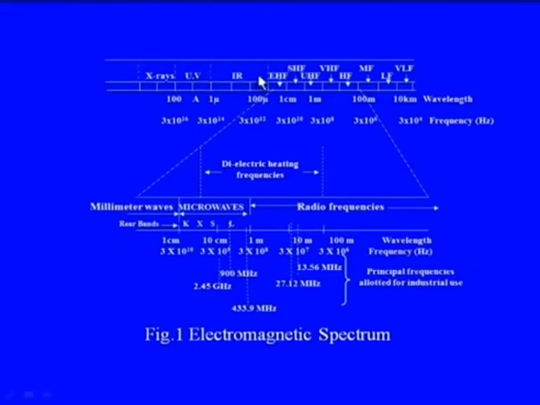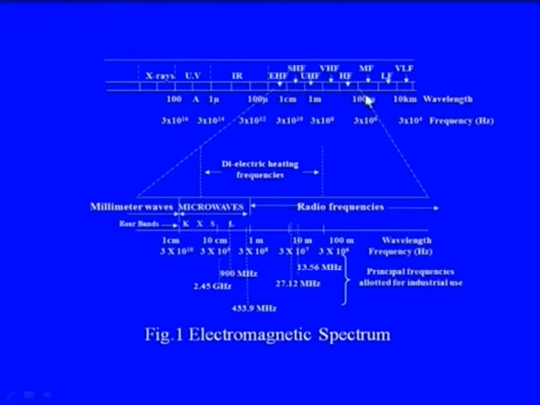Then UV and IR are also used in different applications, like IR imaging, which is coming in a very big way. Then this is the range we use for communication, ultra high frequency and high frequency, etc. And then there are some more high frequency electromagnetic radiations.